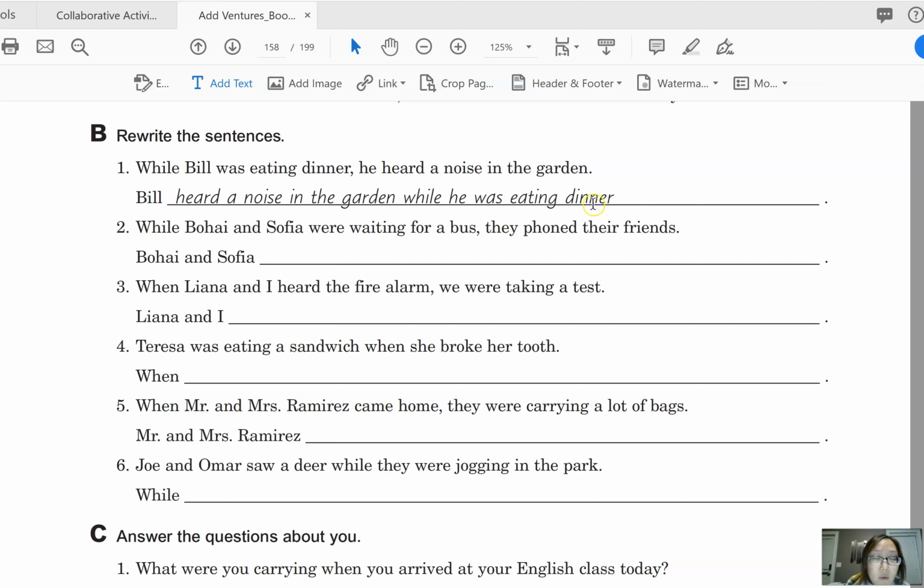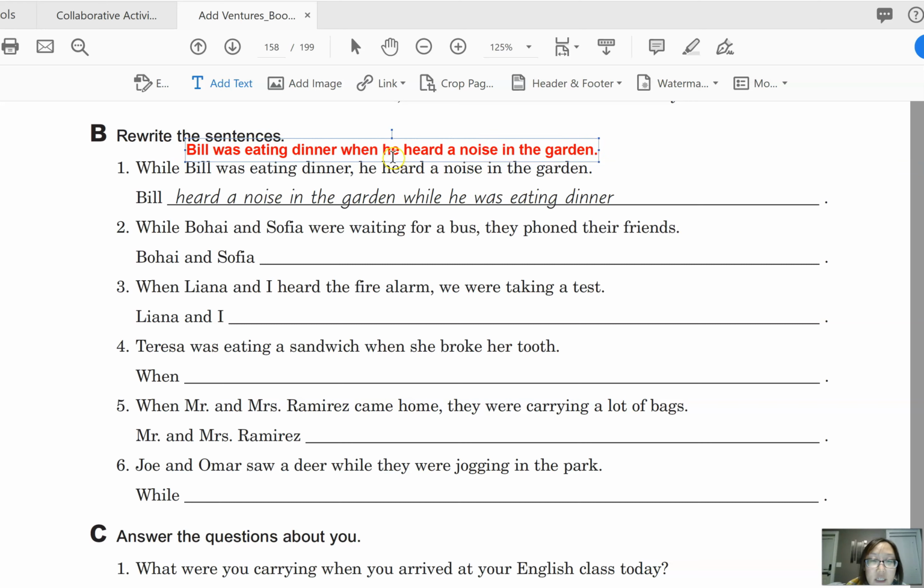Now I want you to do one more thing, actually. So I also want you to change the sentence from using while to using when. So for this sentence, we could say, Bill was eating dinner when he heard a noise in the garden.